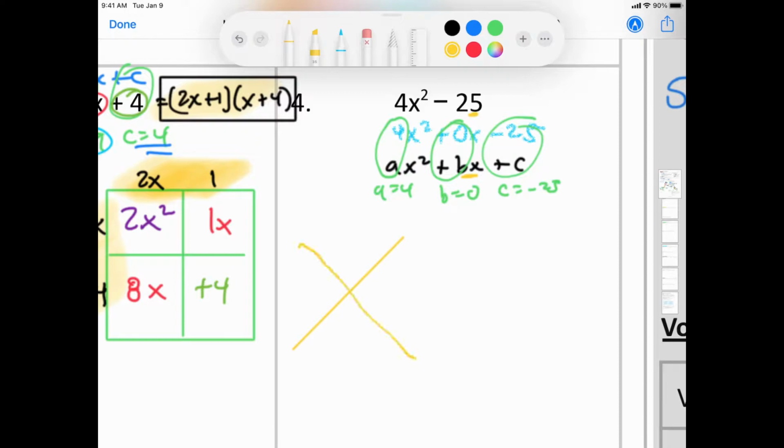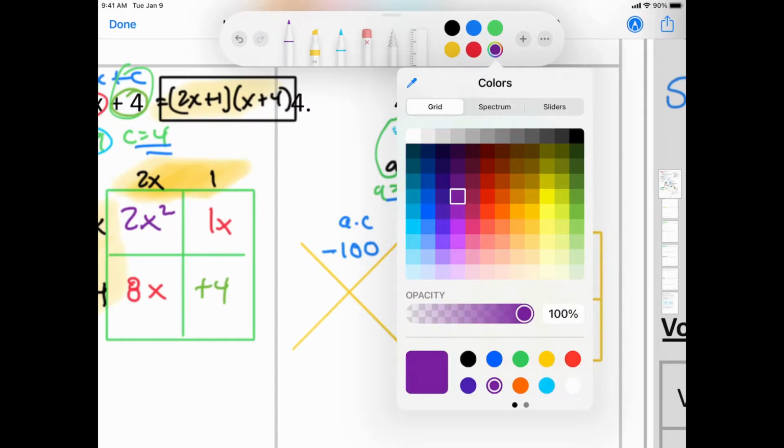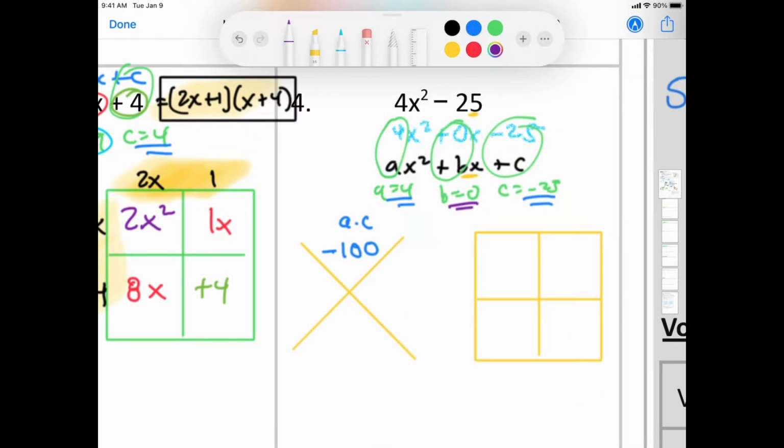Alright, let's do our x and our box. Okay, a times c, so 4 times negative 25 is negative 100. My b value, we'll always go down here, is 0. Okay, two numbers that multiply to be negative 100.